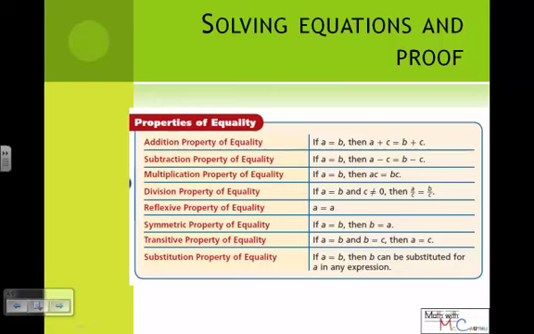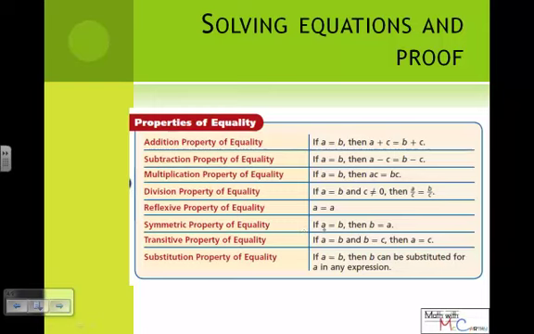So here are some properties that we often use when we are solving equations or simplifying expressions, and they're going to be used in our proofs. We have the addition property of equality, subtraction property of equality, multiplication property and division property. The reflexive property is often used in geometric proof.